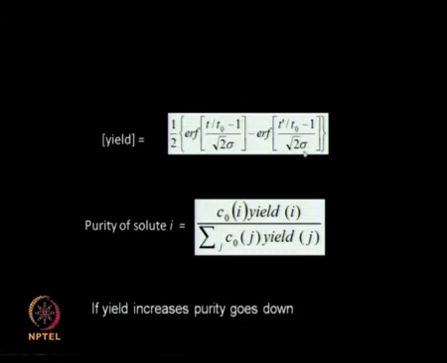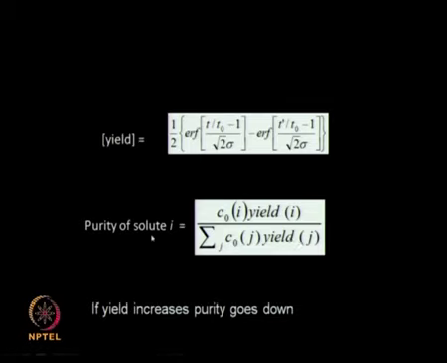Okay. Now the purity of any solute, as I mentioned, now you have many components. In the previous example we are having two components. So it is given by concentration into yield of component 1 divided by concentration and yield of component 1 plus concentration and yield of component 2.